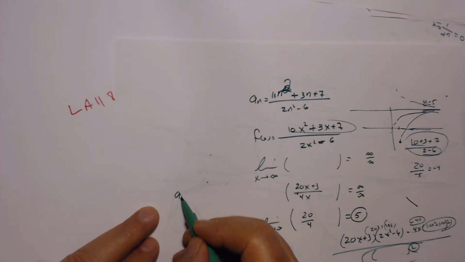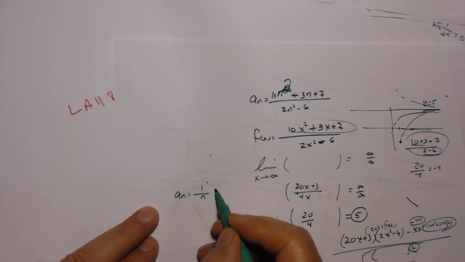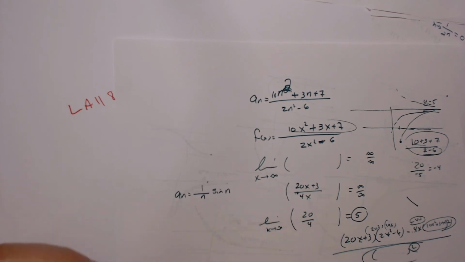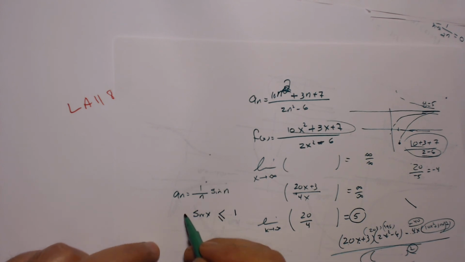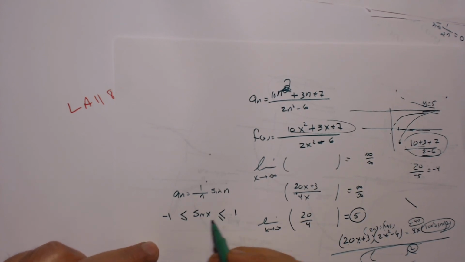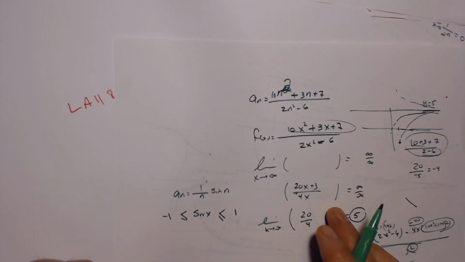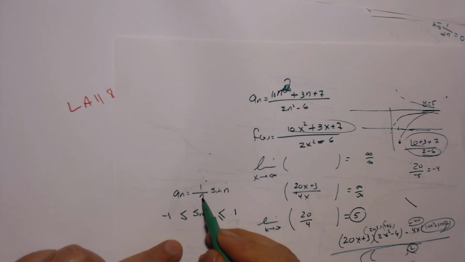Somebody said, what happens if a of n equals 1 over n times sine of n? Is this one going to converge, or is it going to diverge? I don't know. But I know the sine of x is always less than 1 and greater than negative 1, between negative 1 and 1. But I do have an n here.